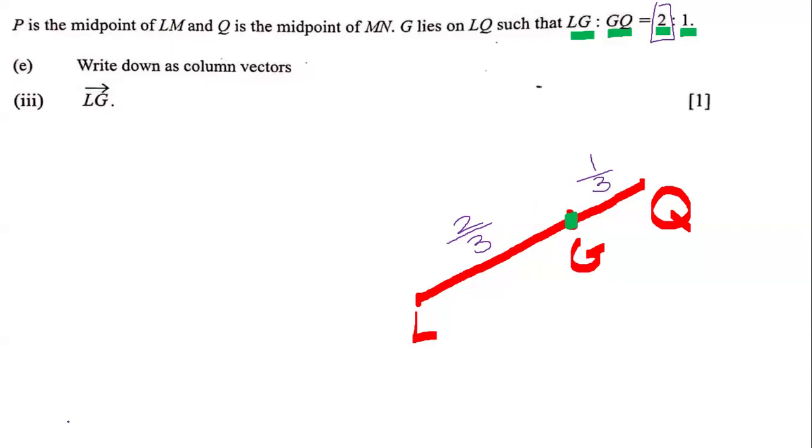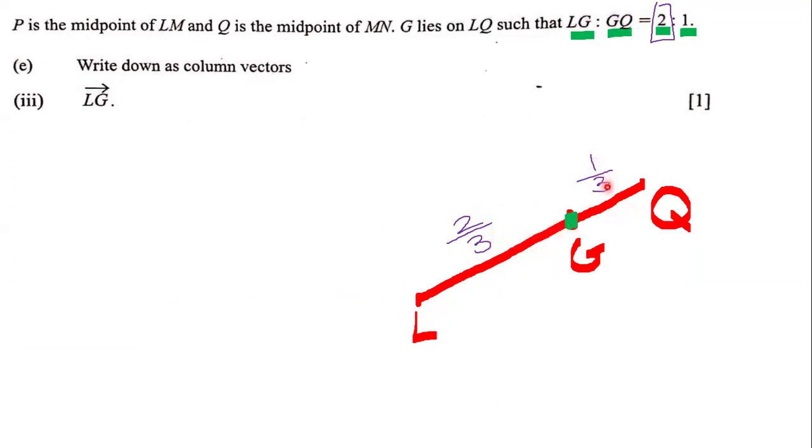So what do we have? We have that LG is equal to 2/3 of this entire line LQ, and GQ is equal to 1/3 of this entire line LQ. I want you to understand that. That's how we can interpret this. If they tell us that LG to GQ is 2 to 1, that means that LG is 2 out of 3, and GQ is 1 out of 3.